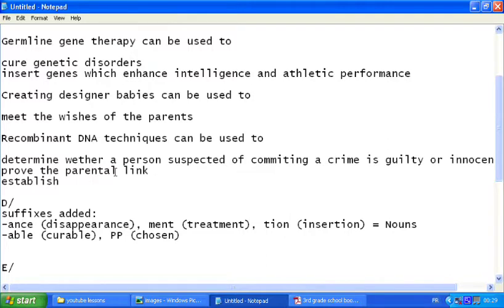We test both their DNA to know whether they are a parent and a child or not. Last is to establish ancestry, and that's what I was talking about, to prove the parental link.